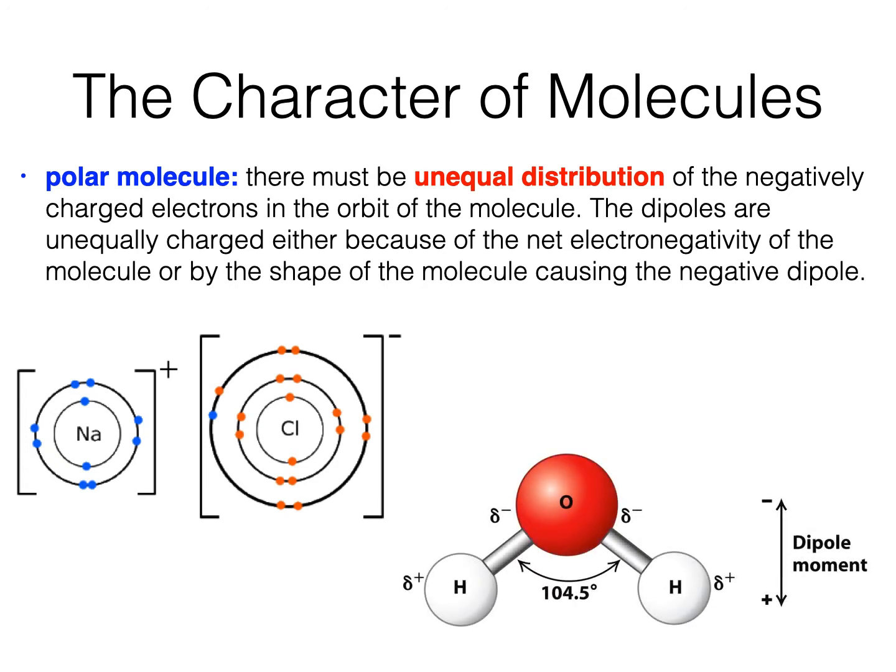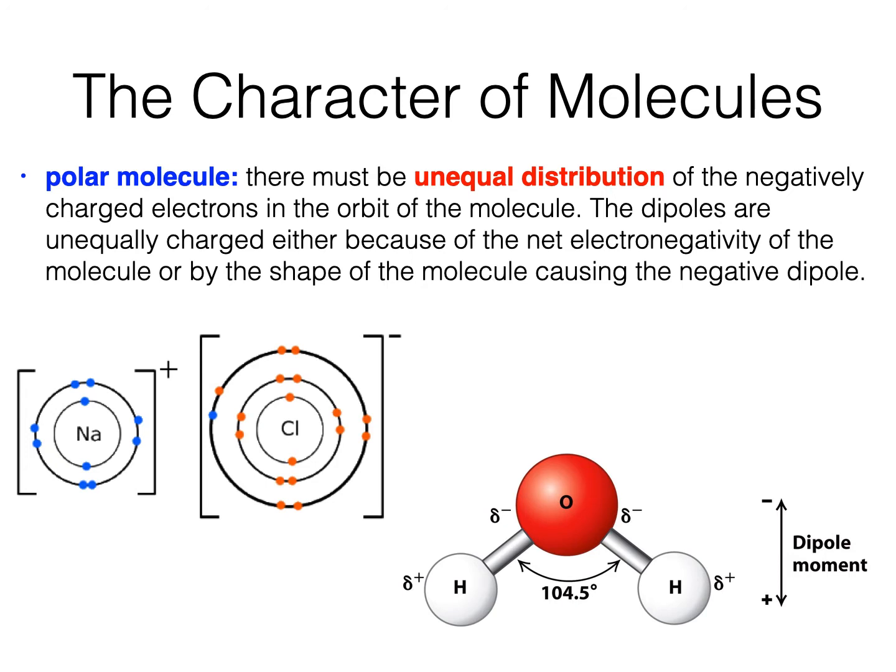Or polarity could arise from a covalent bond where there is enough of a difference in the electronegativities of the atoms that are bonded that they spend more time around one atom as opposed to the other atom in the bond. Here, seen in this water molecule, oxygen has a high electronegativity, 3.5.